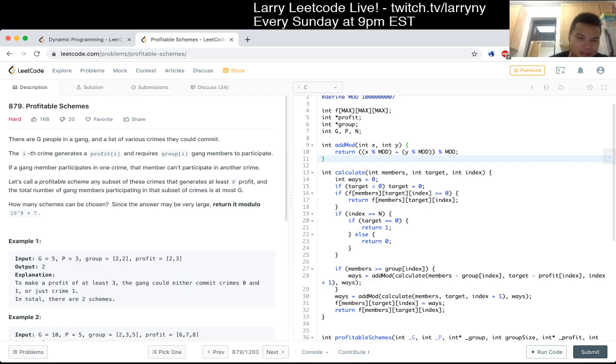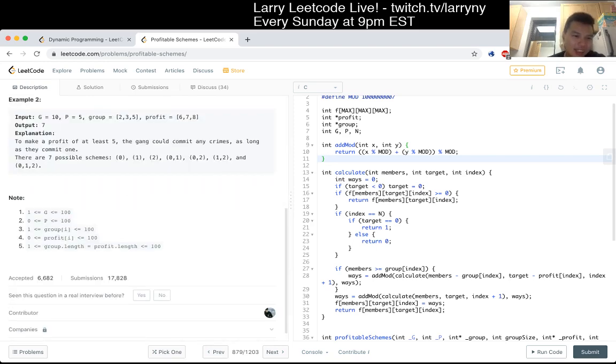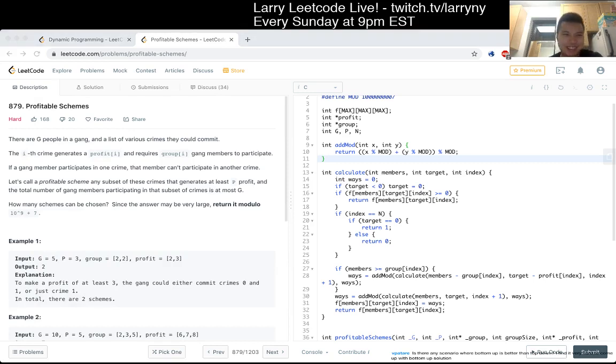But on difficulty for dynamic programming, I think this is actually not super hard, relatively. But it also depends on the day of the week, because some days, even for quote unquote easy dynamic programming problems, I struggle a lot with them, so I don't know.